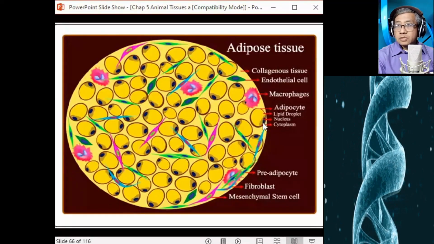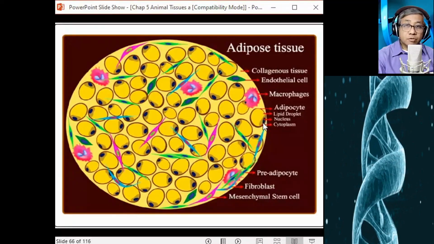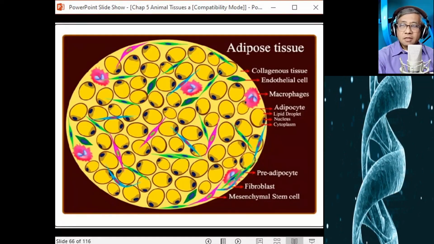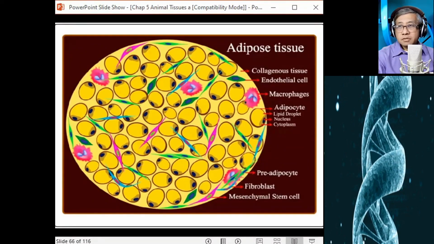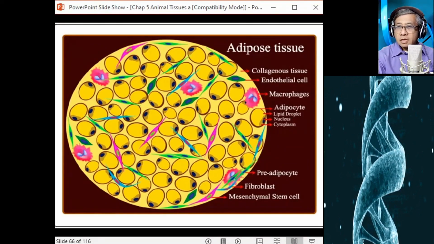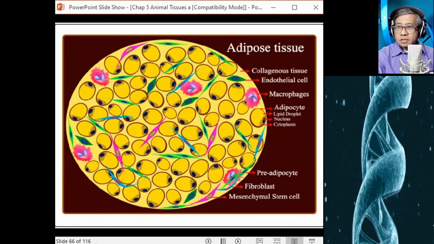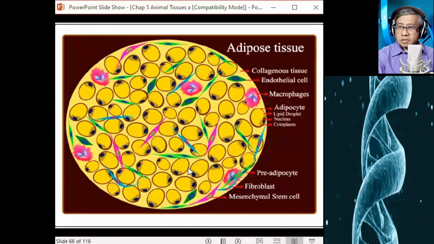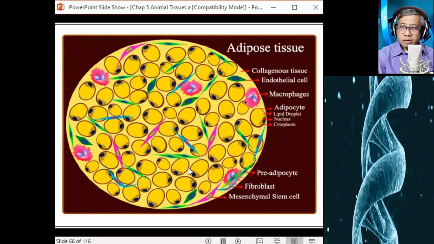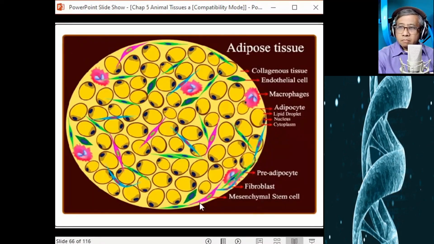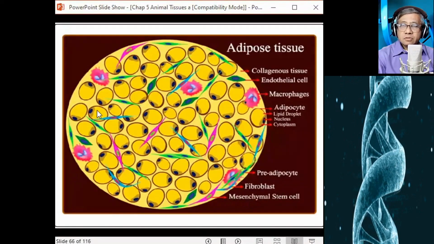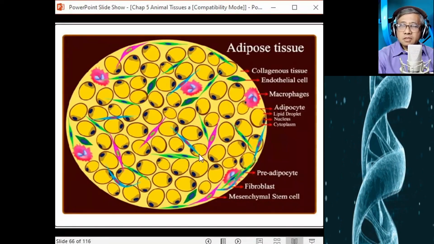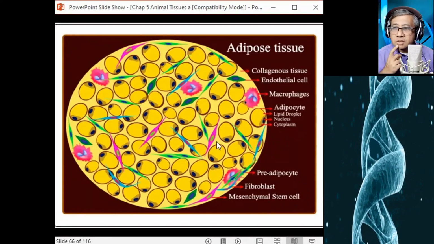The nucleus and cytoplasm are pushed to one side because of those large lipid droplets. Then you have the usual cells in the extracellular matrix like fibroblasts and mesenchymal stem cells. The most abundant cells are the adipocytes.